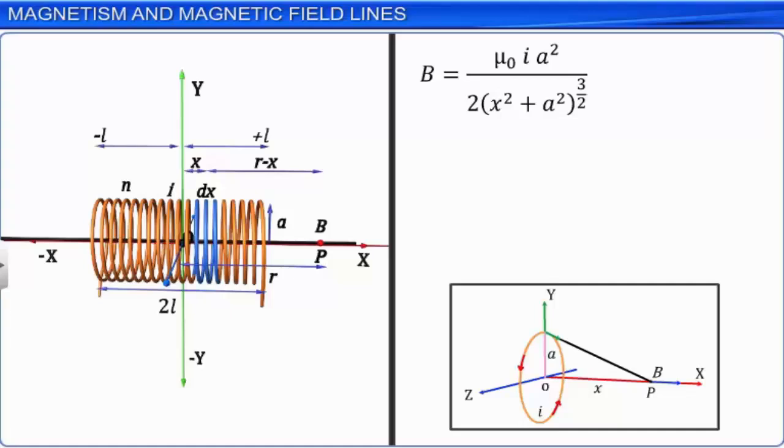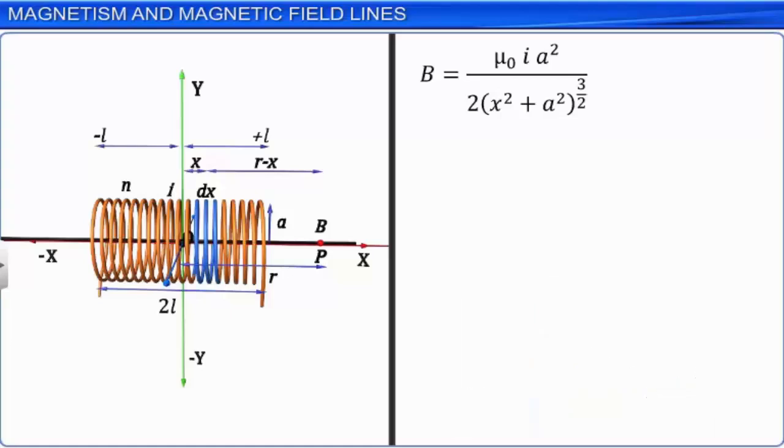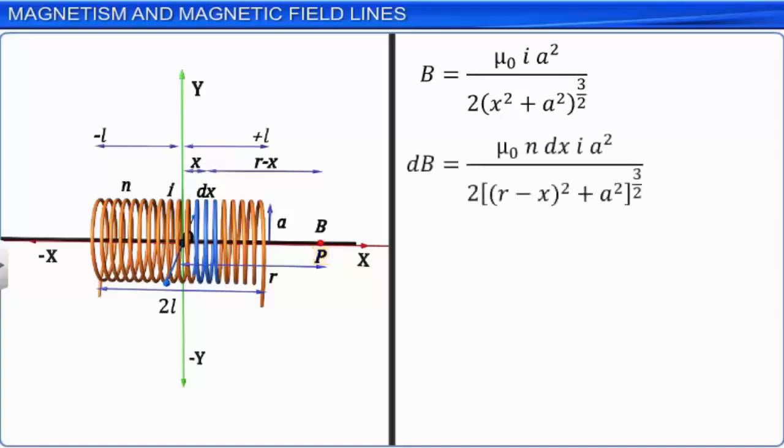Thus, the magnetic induction due to the current passing through the small element of the solenoid at the point P on the axial line, dB, is equal to mu naught n dx I a squared by 2 into ((r minus x) squared plus a squared) whole power 3 by 2. The total magnetic induction due to the solenoid can be calculated by dividing the total length of the solenoid into number of small elements.